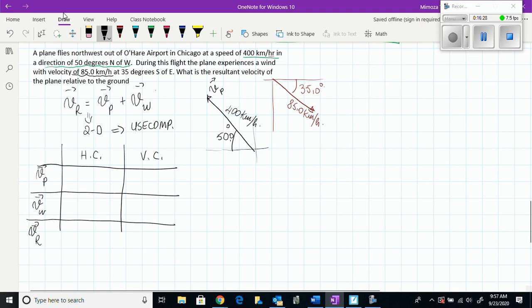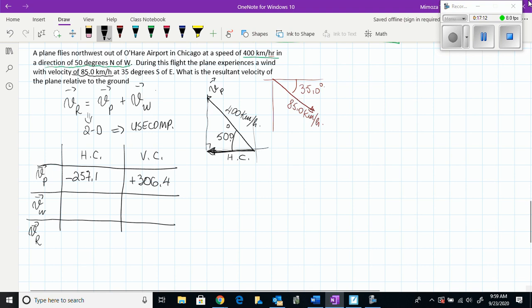So we build the right angle triangle that includes the given angle, and the horizontal component of the plane is this one here. So the horizontal component will be 400 times cosine 50, and it is negative, so negative 257.1. And the vertical component is 400 times sine 50, and it is positive, so positive 306.4.